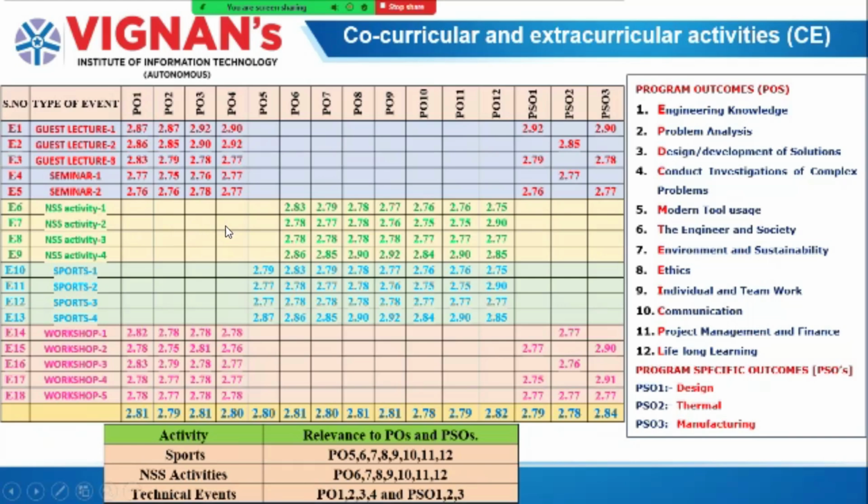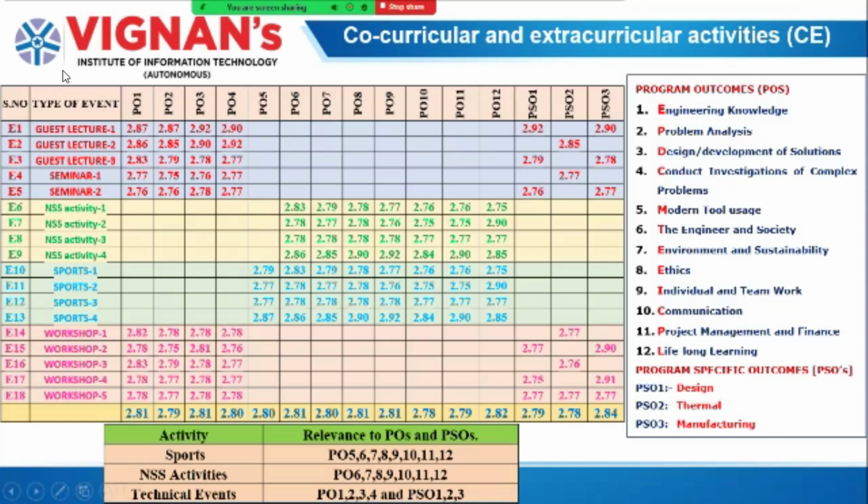So if you observe the relevance to POs and PSOs, the technical events cover PO 1, 2, 3, 4 and PSOs 1, 2, 3. And the NSS activities cover POs from 6 to 12, and sports cover POs from 5 to 12. Okay, so like that, you have to map each event with the relevant POs.